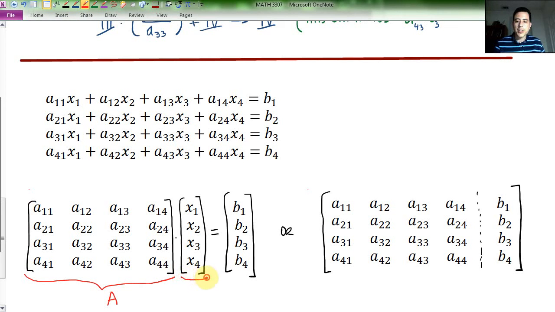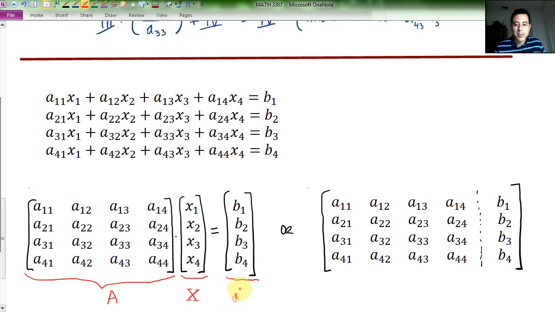This column matrix here is the big X, the matrix of the unknowns, okay? And then the right hand side of the system can also be put in a column matrix.